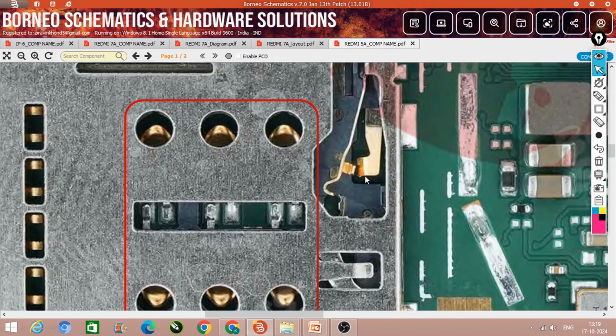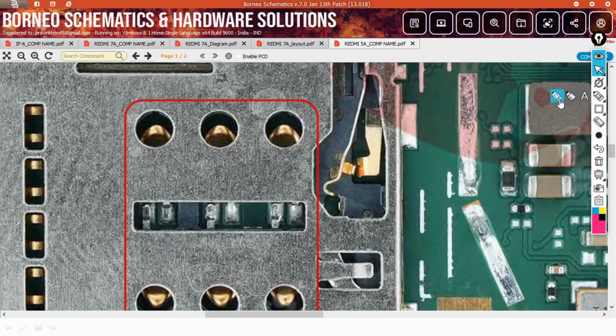Now there are two pins but they are separate. So this is a 1.8 voltage pin. This pin is connecting to the ground. Now there is a logic high without SIM. Before there was a logic low, now there is a logic high.